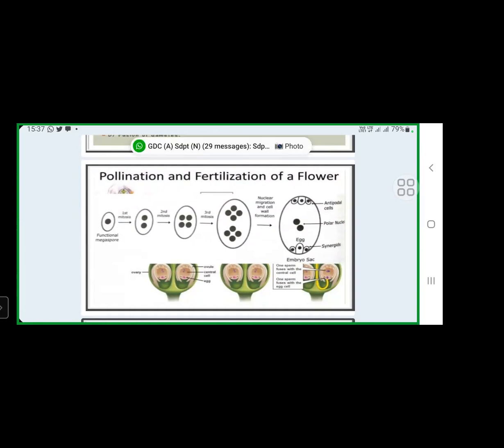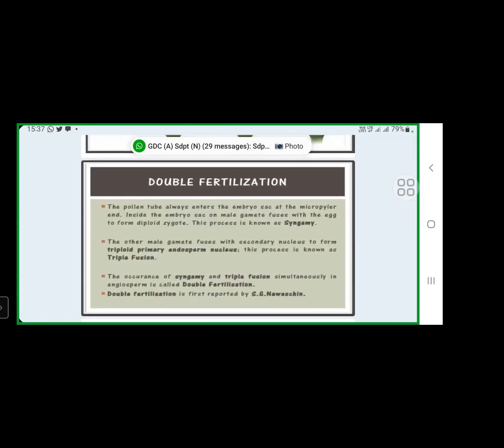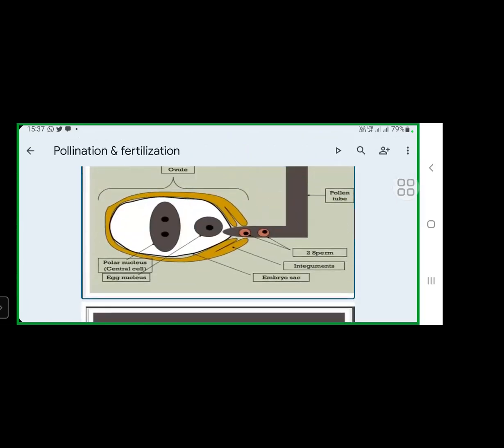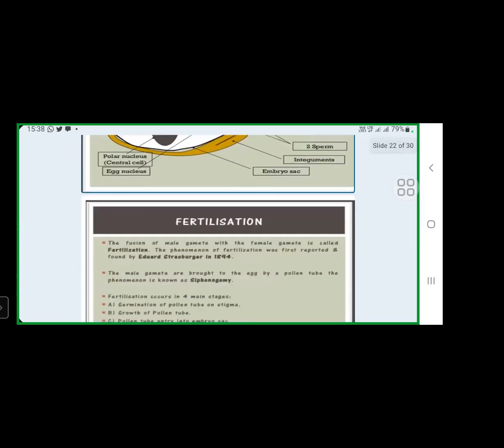The pollen tube always enters the embryo sac at the micropylar end. Inside the embryo sac, one male gamete fuses with the egg to form the diploid zygote. This process is known as syngamy. You can observe here the 2 sperm cells come from the pollen tube. One attaches to the center part.